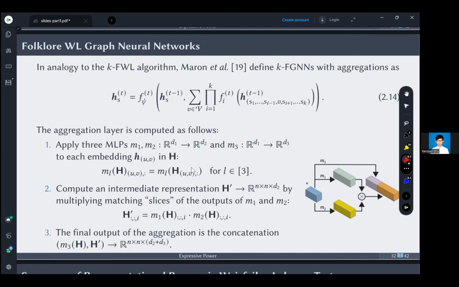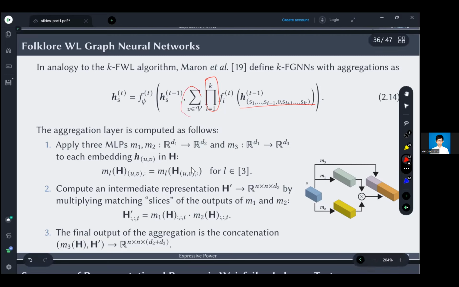So what it is trying to do is, for this kind of tuple, it tries to enumerate every possible combination. What it does is multiply, in an element-wise manner, every k-tuple representation that is different from yours, right?